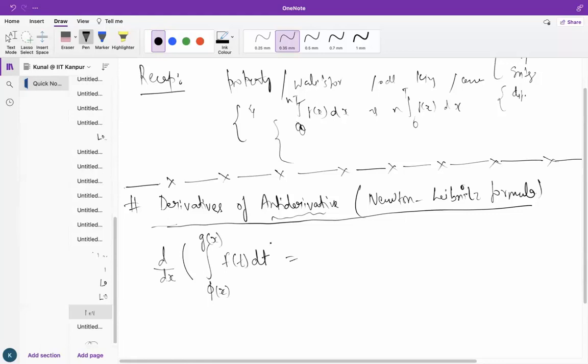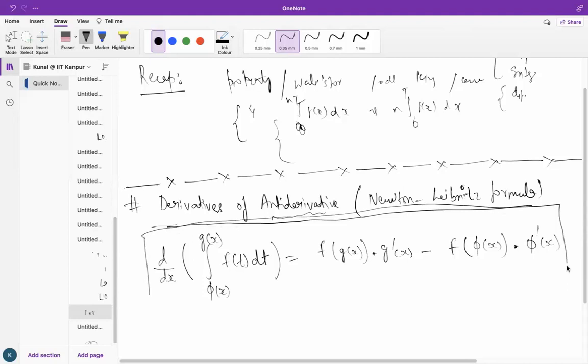This is equal to f of g(x) times g dash of x, the differentiation of g(x), minus f of phi(x) times the differentiation of phi(x). So this is our Newton-Leibniz formula.